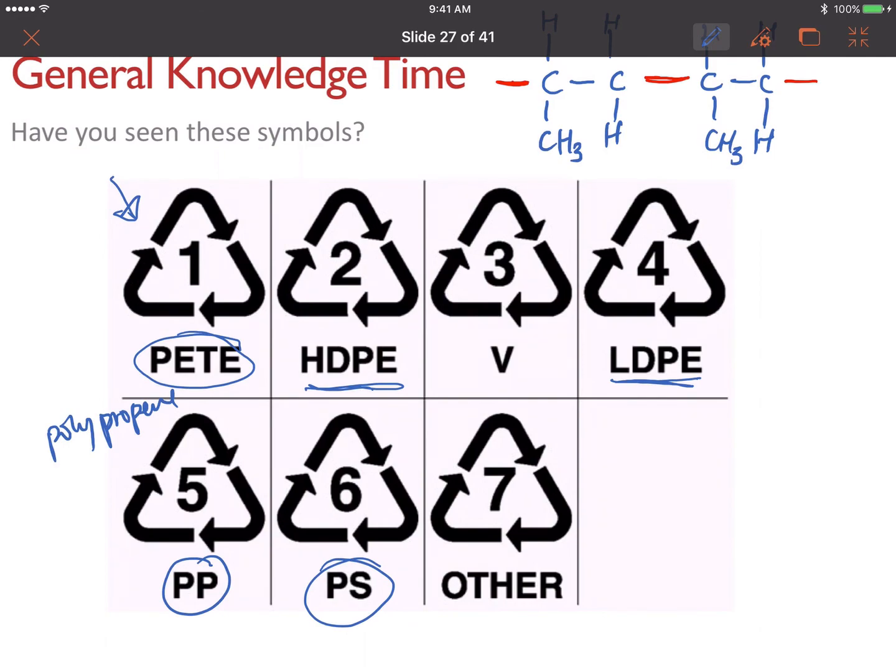So next time, just keep a lookout as to what type of number you get. Okay, this actually helps the recycling center in sorting out the plastics. Note that number 1 is not good for many time usage because they found that it actually promotes bacterial growth.